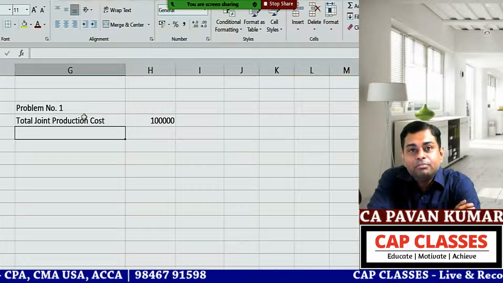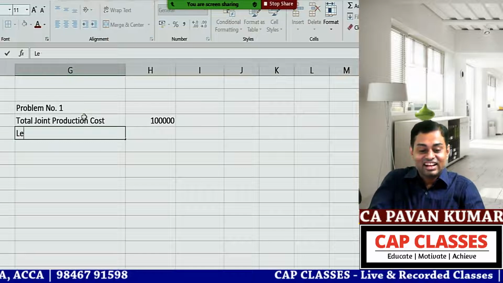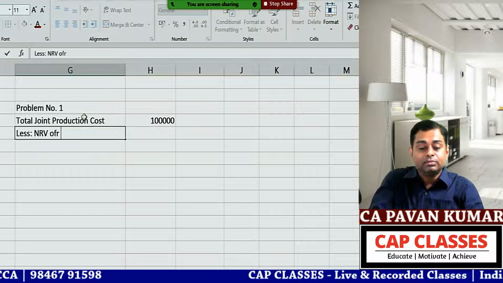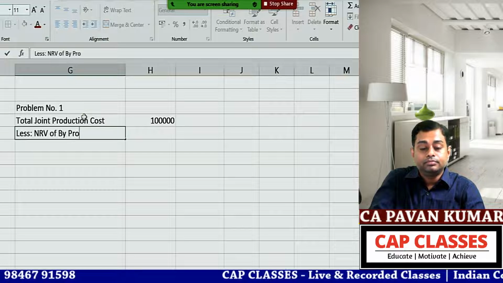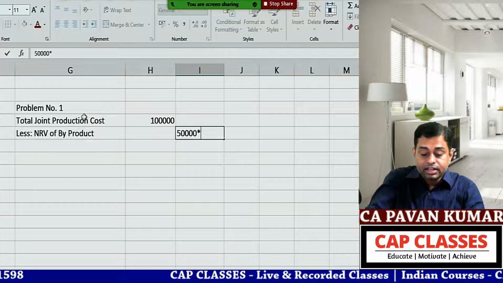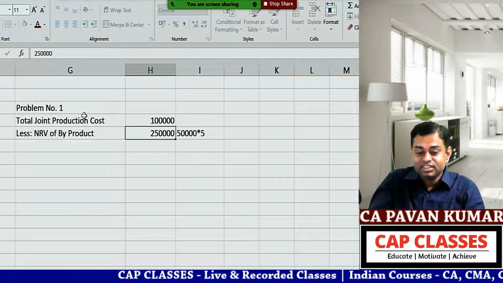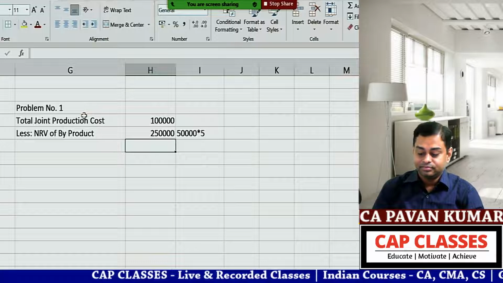How this 10 lakhs came? You applied A plus B whole square formula. They gave, sir. They gave, oh, very good. They gave less net realizable value of byproduct. 50,000 into 5. How much? 2,50,000.